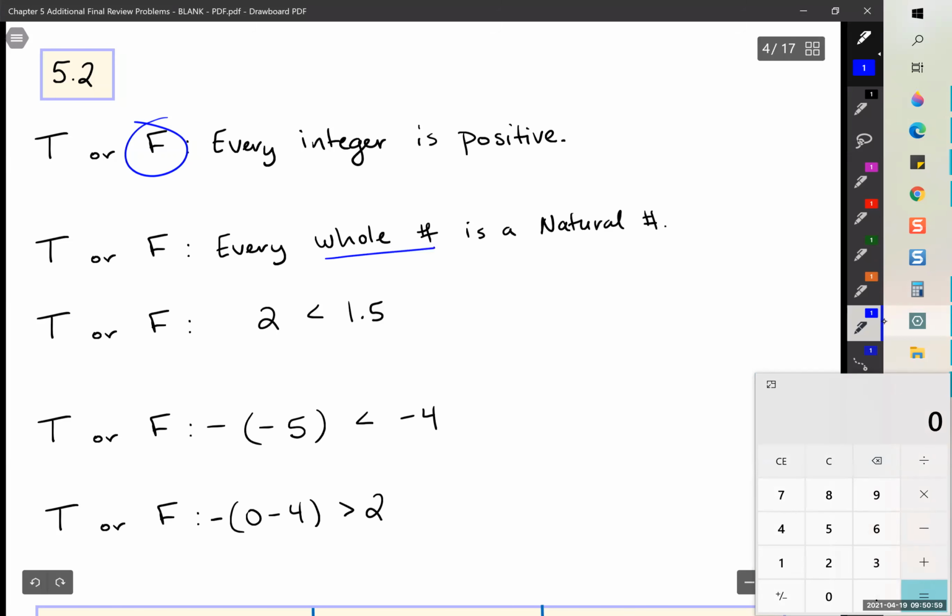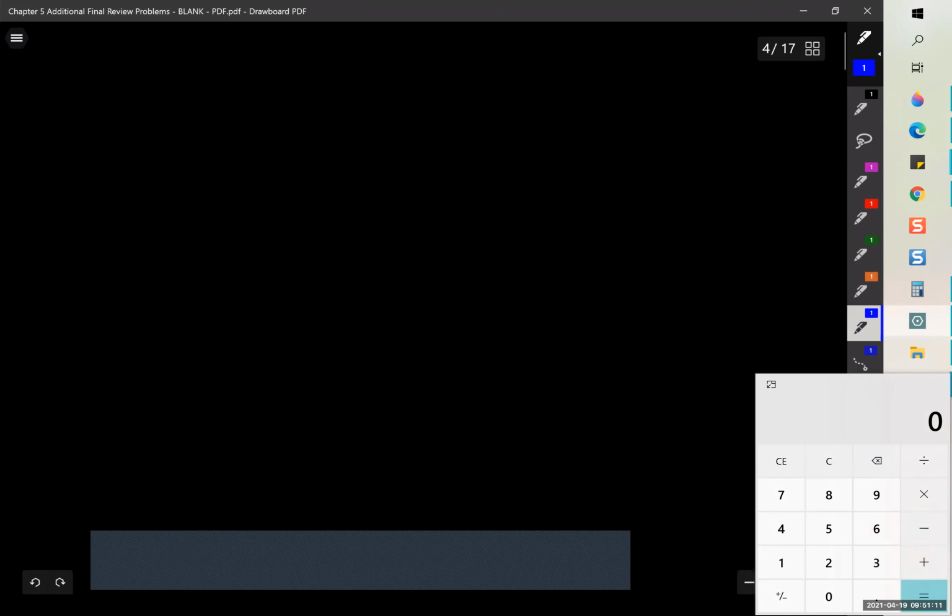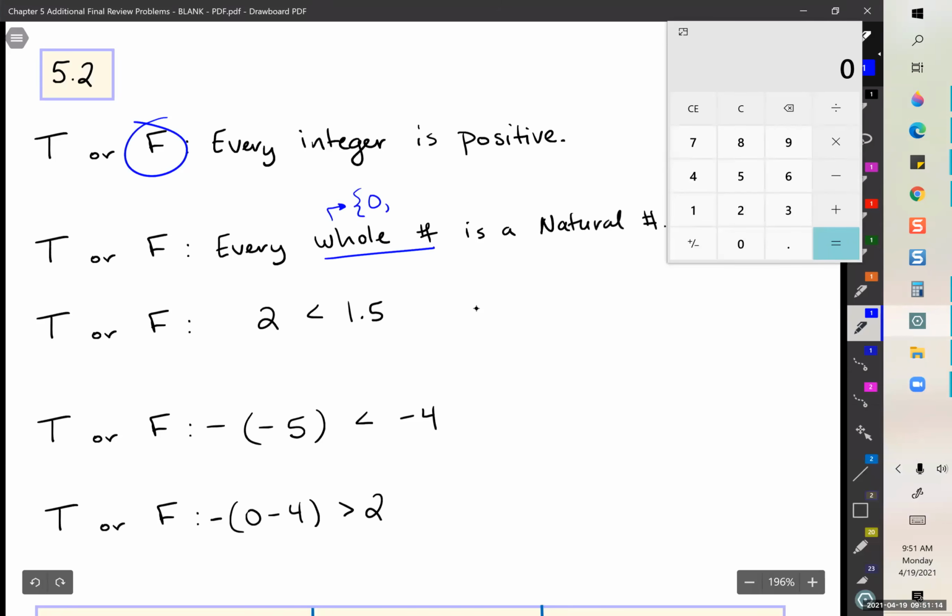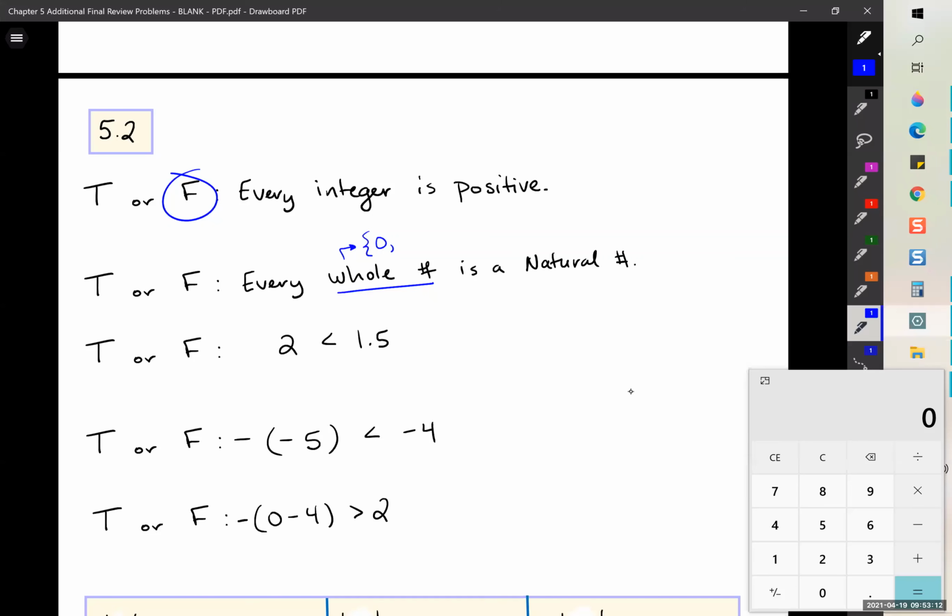Remember the whole numbers include 0, whereas natural numbers start at 1.